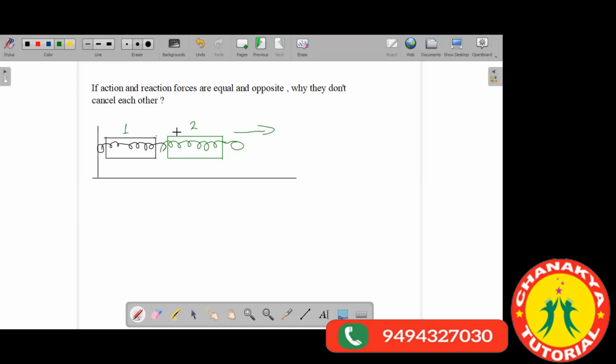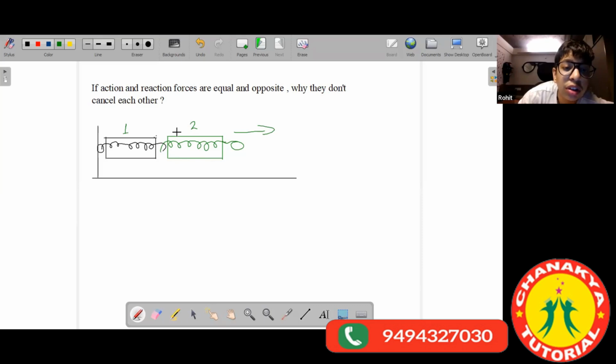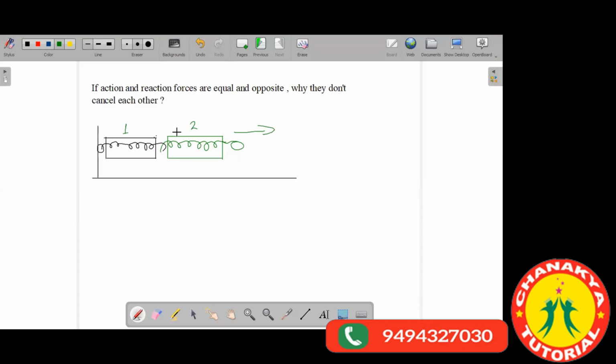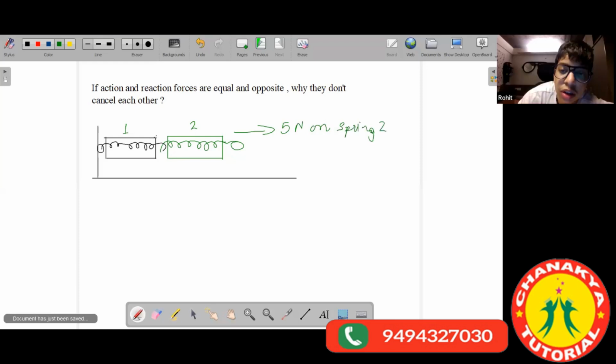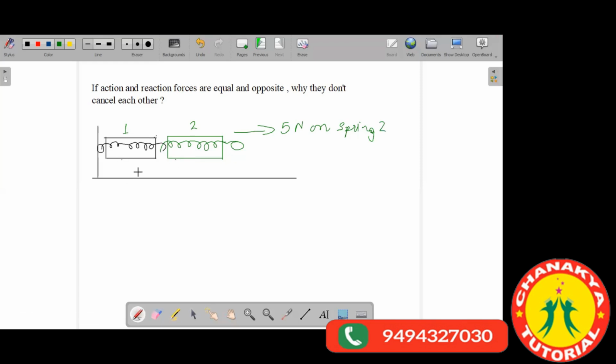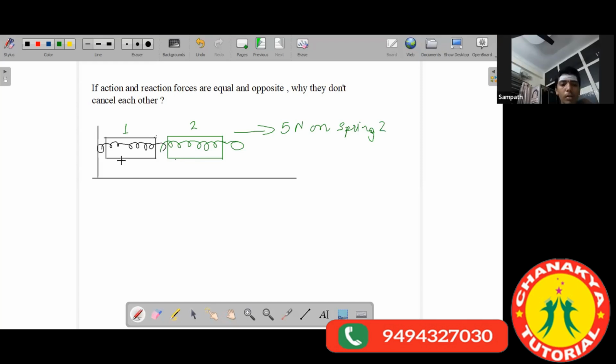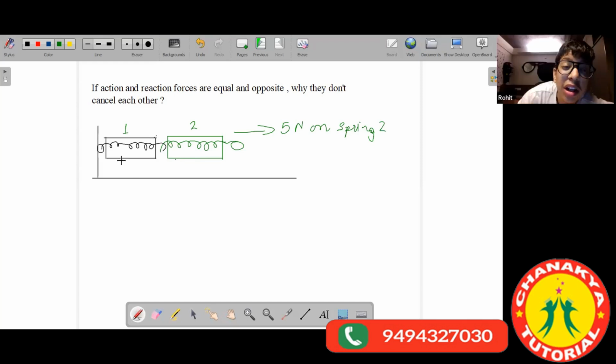So on which spring am I applying the force? Sir, on spring 2. Okay, I am applying the force on spring 2, and suppose I am applying a force of 5 Newton on spring 2. Then what will be the reading on the first spring? Sir, will it be 2.5?